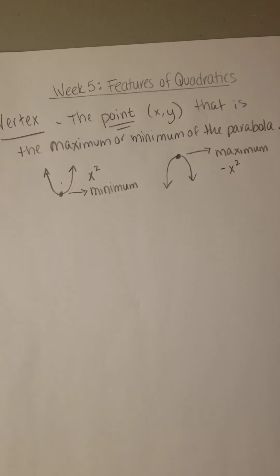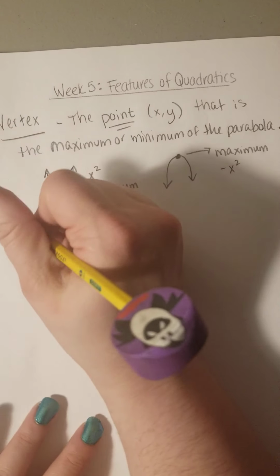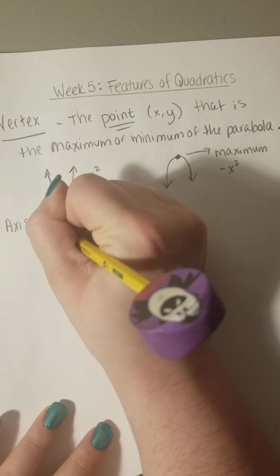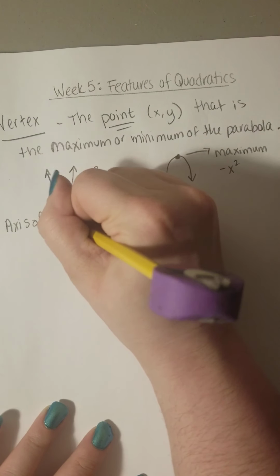Okay, the second feature is called the axis of symmetry.